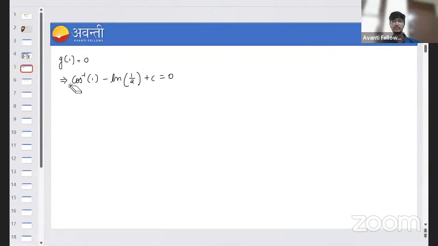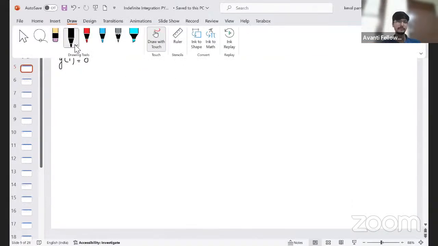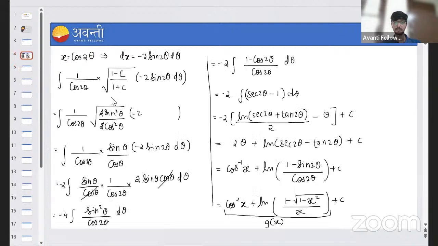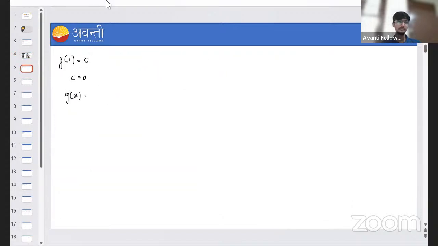That means g of 1 is 0, correct? So what is my g of x? g of x will be equal to cos inverse of x plus ln 1 minus under root of x, right?